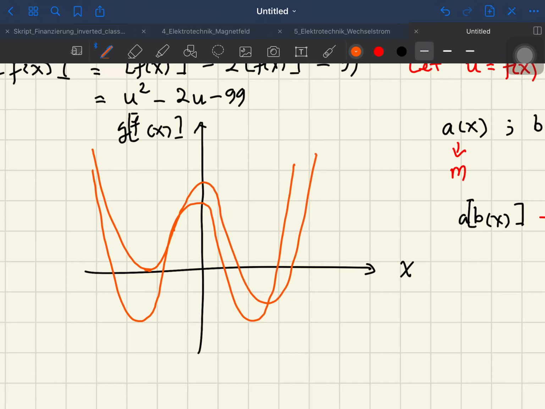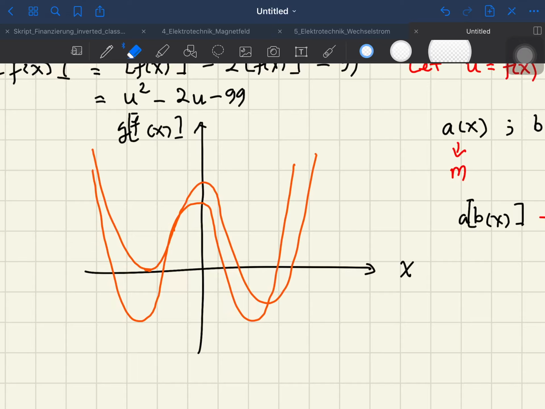Sometimes you will have the reflection of it, or maybe they do not intersect the x-axis at all, depending on the quartic function you have. So how are we going to know whether we have 4 intersections or just 2 intersections and 1 tangent?